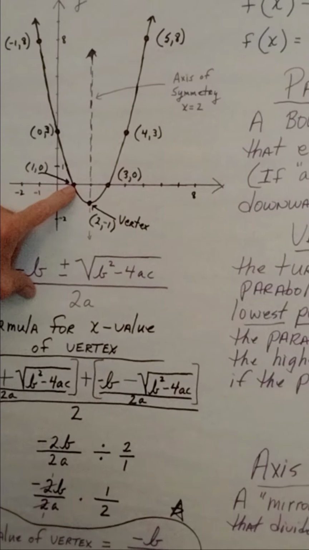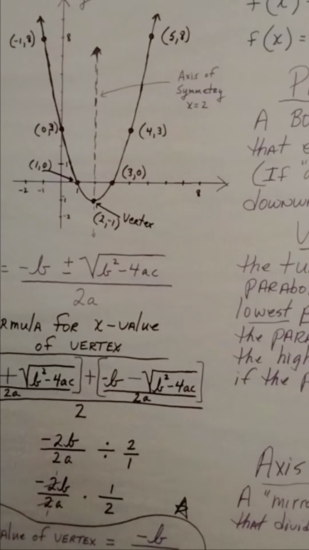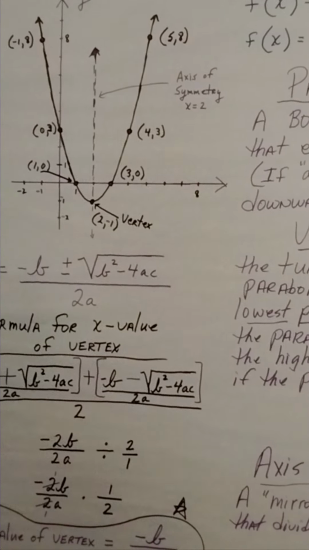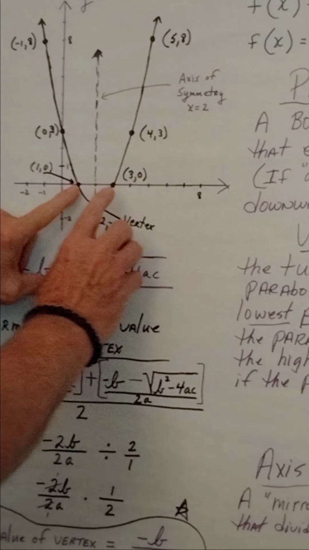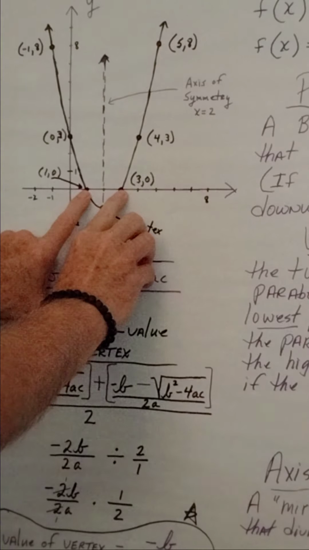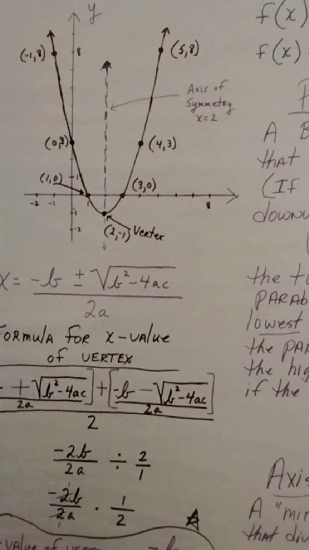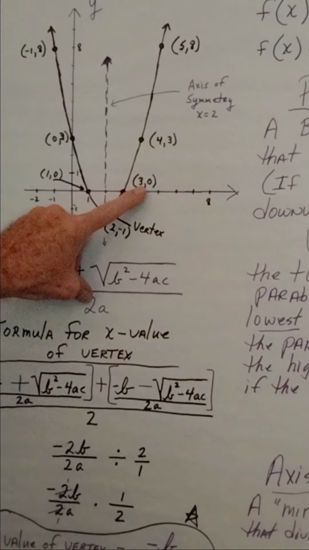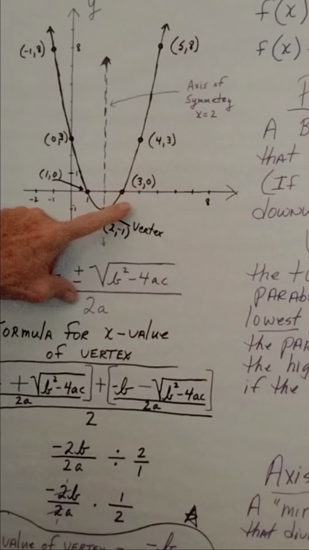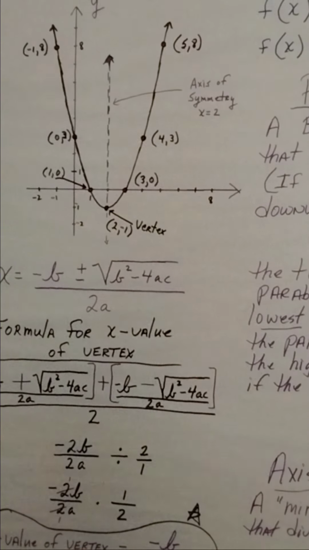So the real number solutions of a quadratic equation correspond to the two x-intercepts that the same quadratic function has. One was the x-intercept (3, 0), and the other was the x-intercept (1, 0).